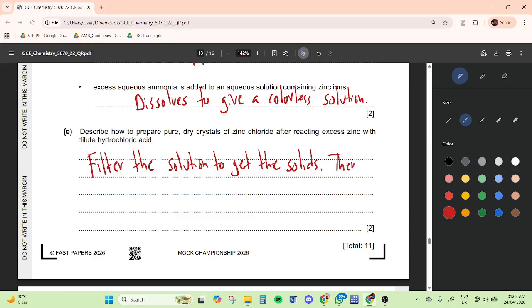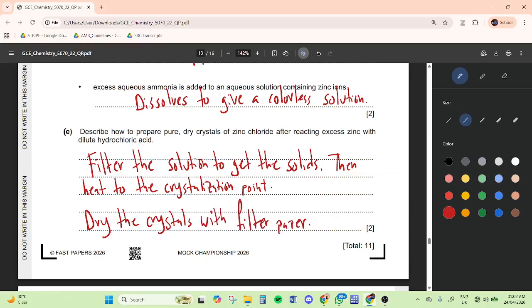Then you're going to heat the solution to the crystallization point. After you're done with that, you're going to dry the crystals with filter paper.